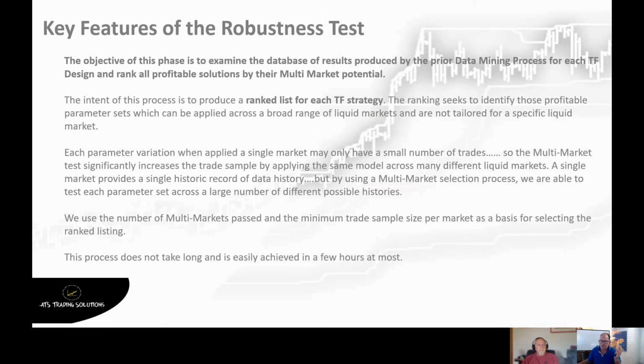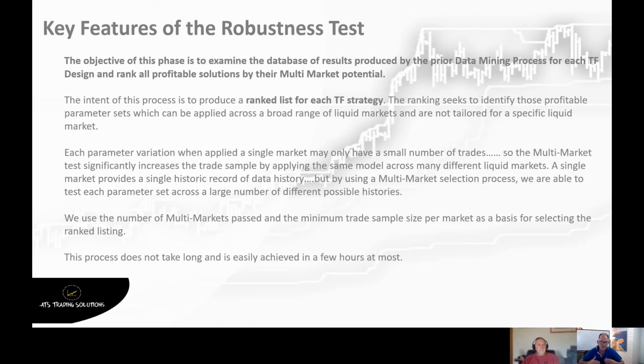The key feature of this test is that our objective is to use the prior data mining phase to rank all the profitable solutions by their multi-market potential. In that prior database, we had a number of unprofitable solutions.